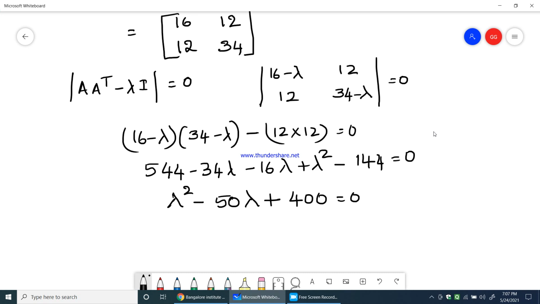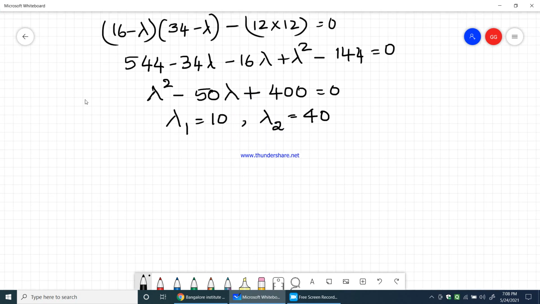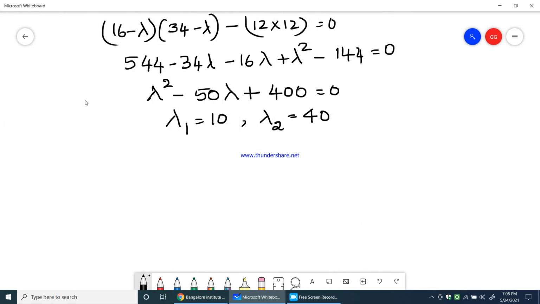Now if I find the roots of this equation, I get lambda 1 equal to 10, whereas lambda 2 equal to 40. So these are the two lambdas that I have got by taking A into A transpose.